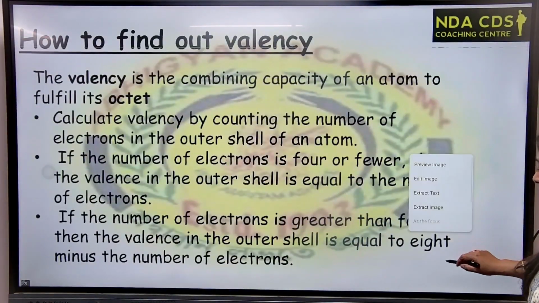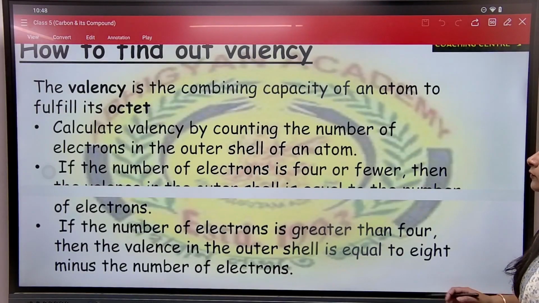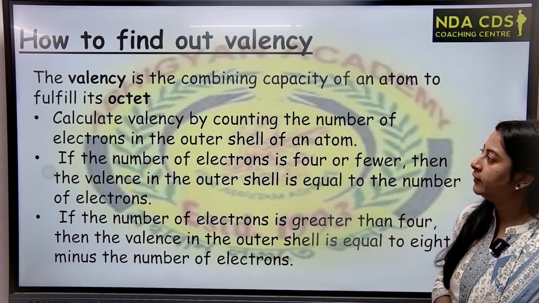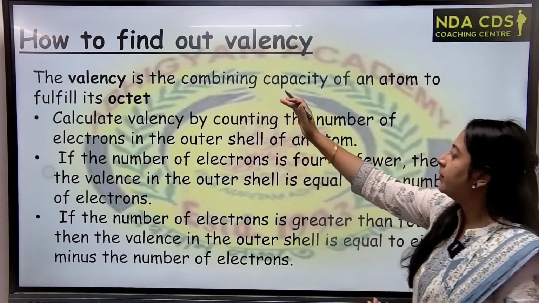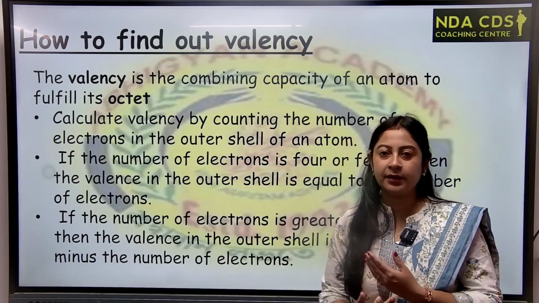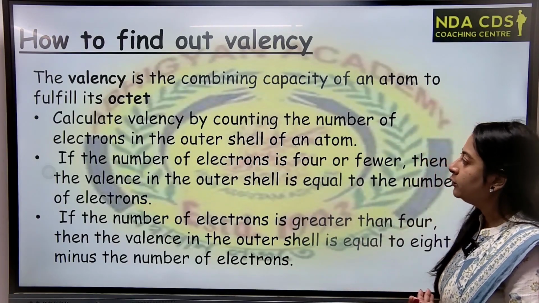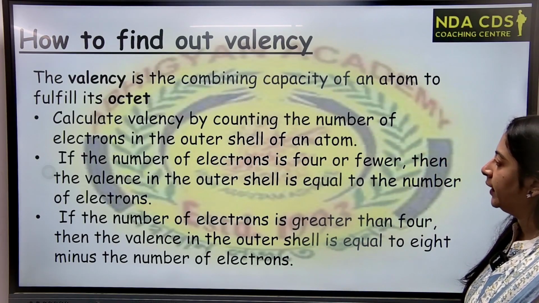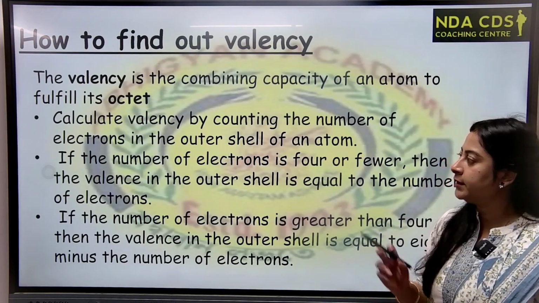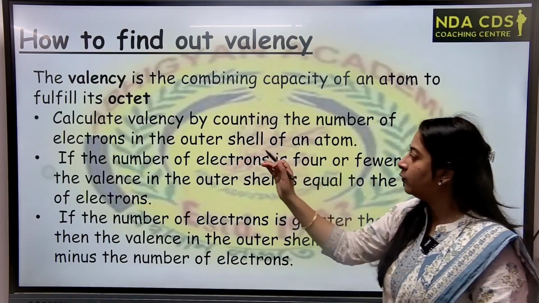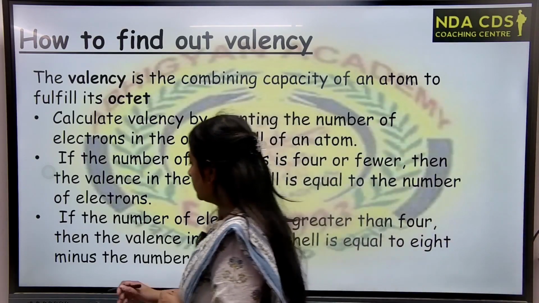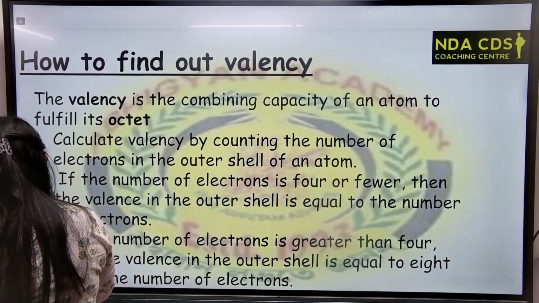Now we have already talked about how to find valency. You can note the rules how to find valency. The valency is the combining capacity of an atom to fulfill its octet. Calculate valency by counting the number of electrons in the outer shell of the atom. First, see the rule. पहले क्या करना है हमको आउटर मोस्ट शेल में जितने इलेक्ट्रॉन है उसको काउंट करना है. जैसे सल्फर को ले लो, I am considering sulfur.